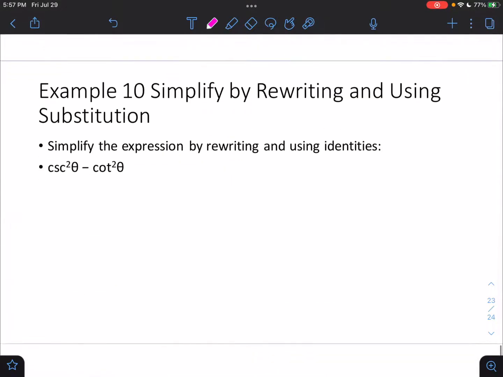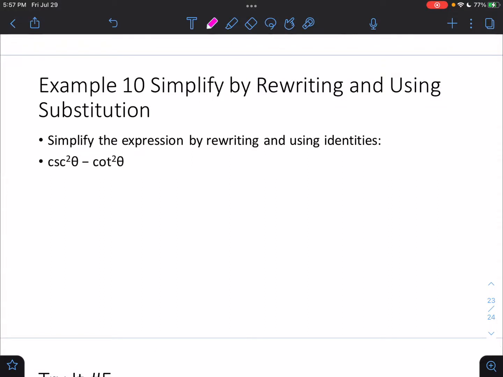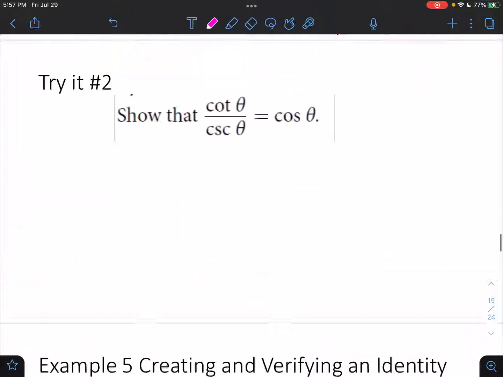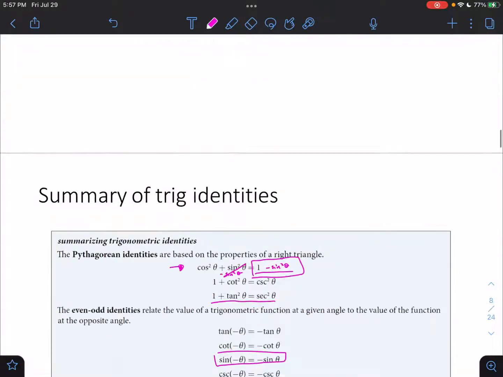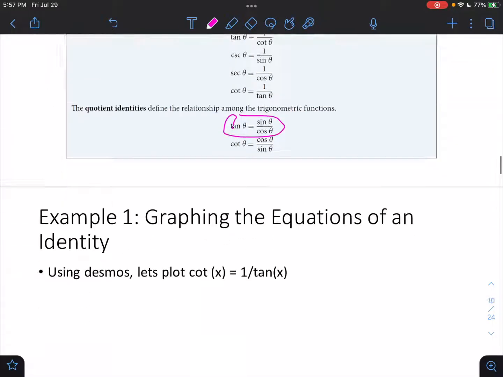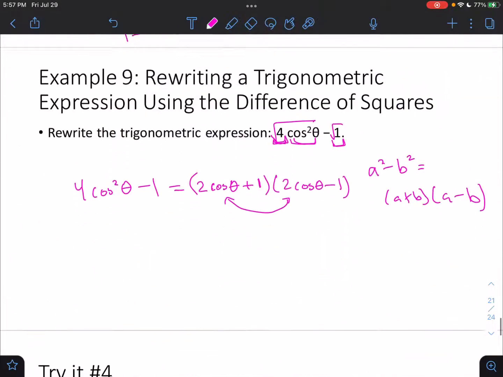Now for our last one, we're going to simplify by rewriting and using substitution. So we're going to rewrite this cosecant squared minus cotangent squared. Cosecant squared is one of our Pythagorean identities. Cosecant squared minus cotangent squared. And actually, that's one of our easier ones.